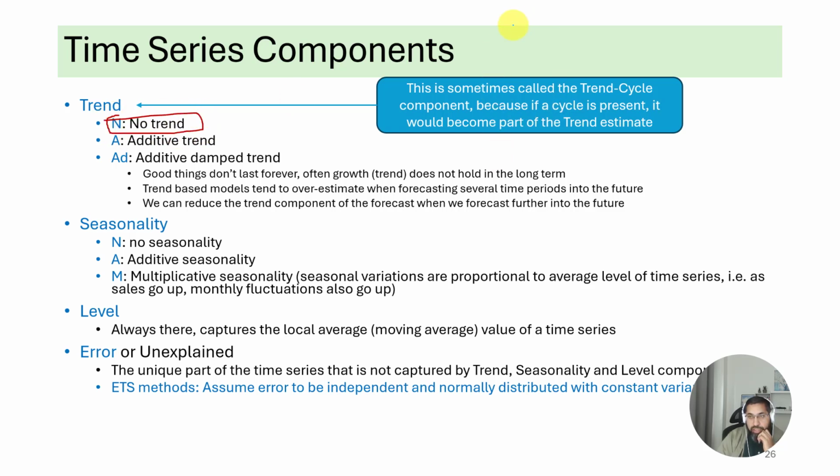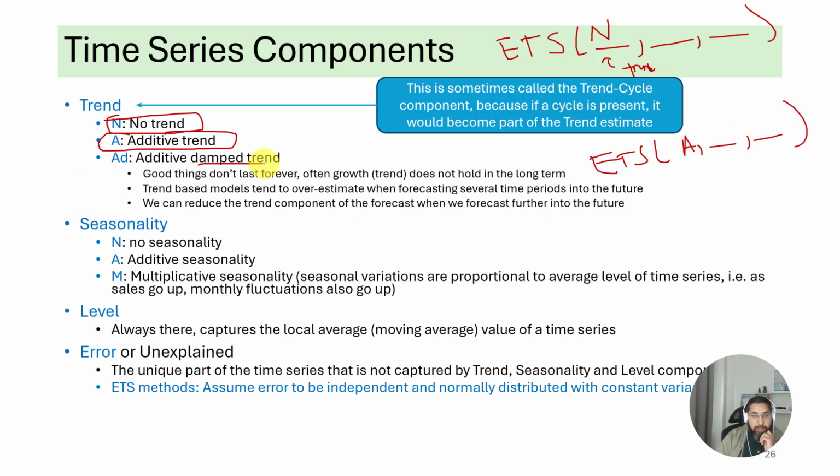So we often call this ETS, and then we have 3 letters to put. The first letter captures the trend. So if we feel there's no trend, we'll put N here. If we feel there is a trend, then we will do an ETS method and we'll put A for trend.